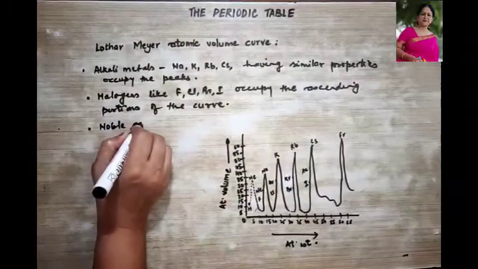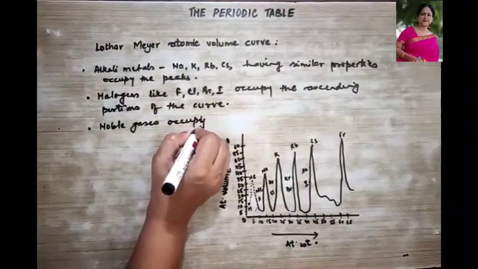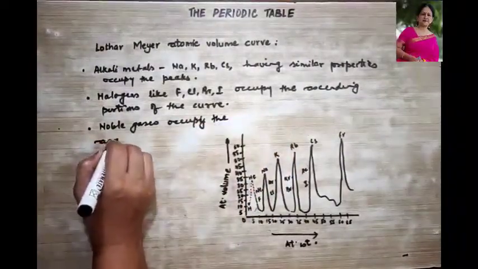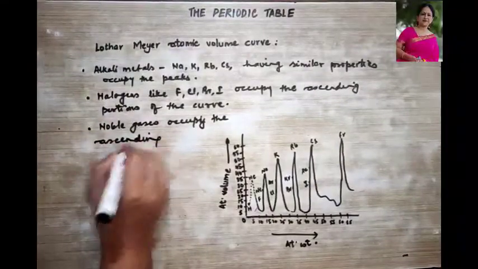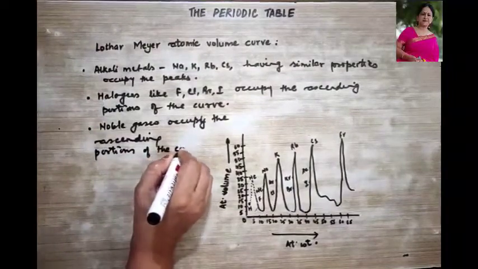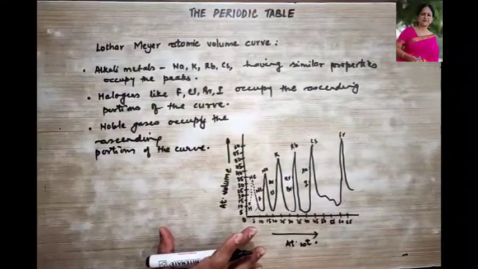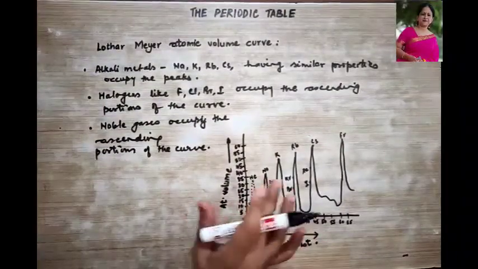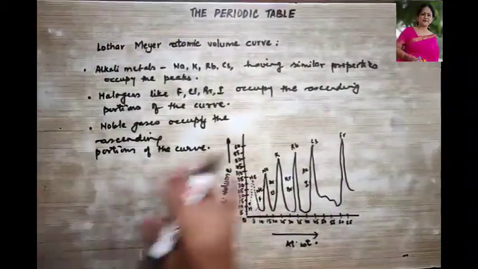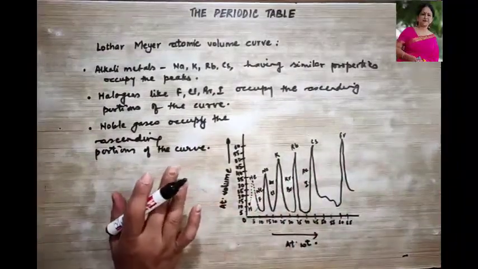Noble gases occupy the ascending portions of the curve. Clear? Till here it's very clear to all of you. But his theory also failed. Why? Because he was not able to classify all the known elements of that time according to this criteria, right?